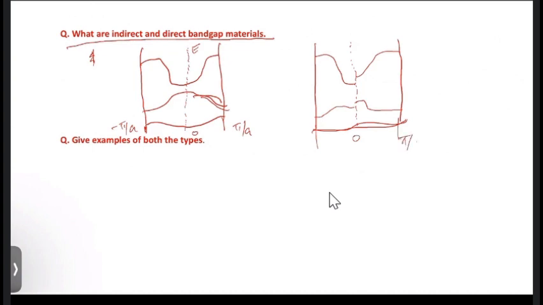This is pi by A, and this is minus pi by B. And these are the two types of energy diagram. This is A, this is B. Which of them is indirect and which of them is direct band gap?